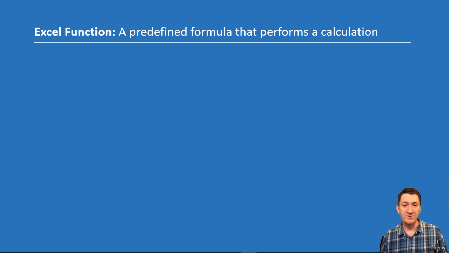Really, all an Excel function is, is a predefined calculation. That's it. Now, the nice people at Microsoft have built a few hundred different functions for us to use. These predefined little packages will do some type of calculation. Whether it's summing up a range of cells, finding an average within a range of cells, or looking up information based on criteria that we give the application.